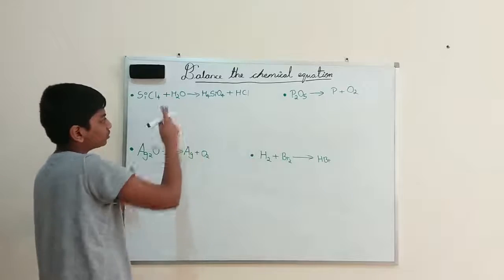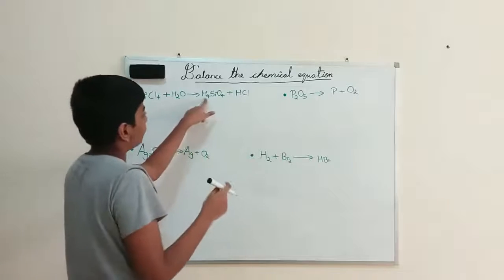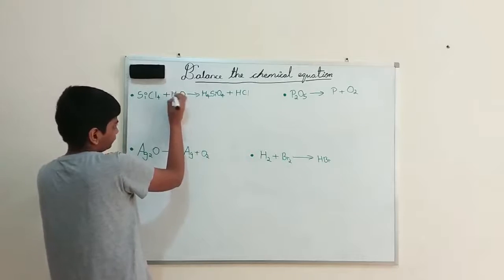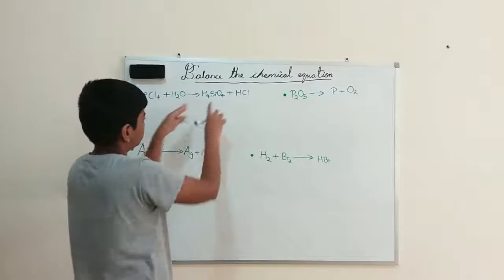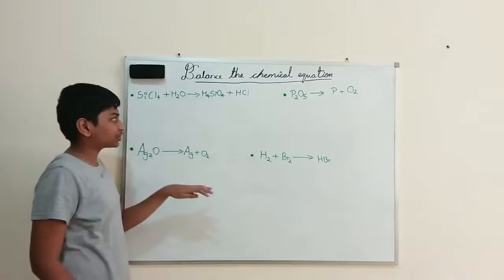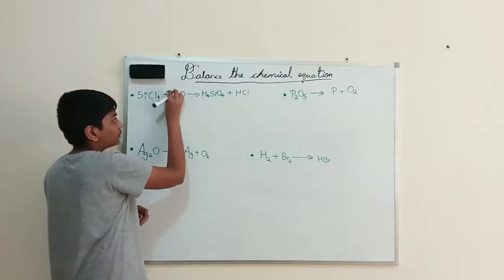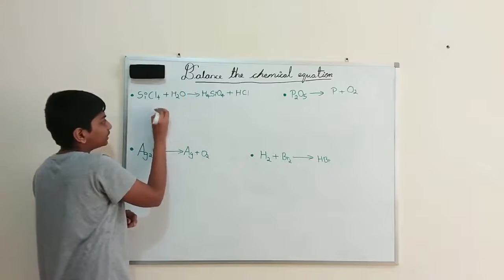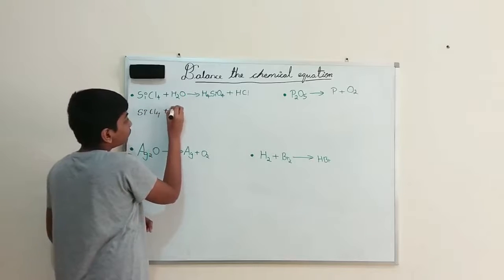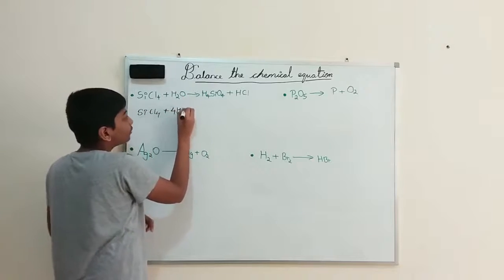Here H2, there are 2, but here there are 4 oxygen. So what should I do? I should make this oxygen also 4. So I should add over here, SiCl4 plus 4H2O. Okay, 4H2O.